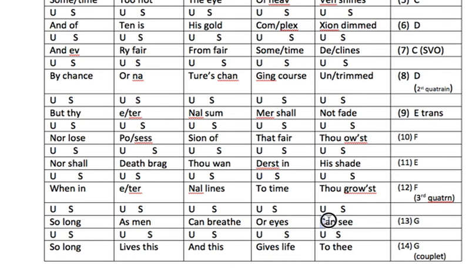Well, if we're hypothesizing that eyes can see poetry, specifically these lines in which she is memorialized, praised and extolled, as long as there are human beings around still reading poetry, as long as there are still eyeballs on poems such as this, so long lives this, and this gives life to thee.